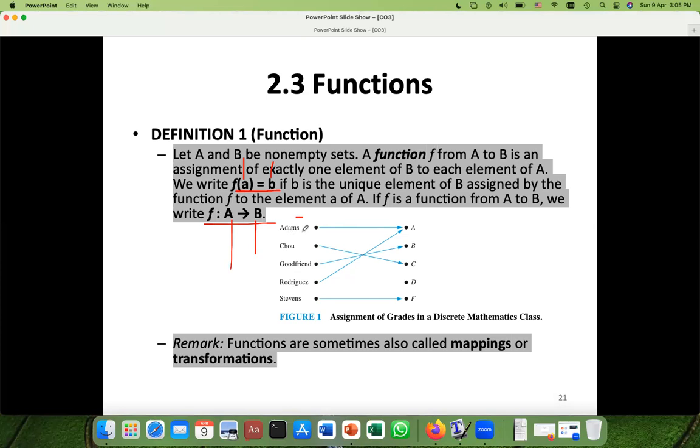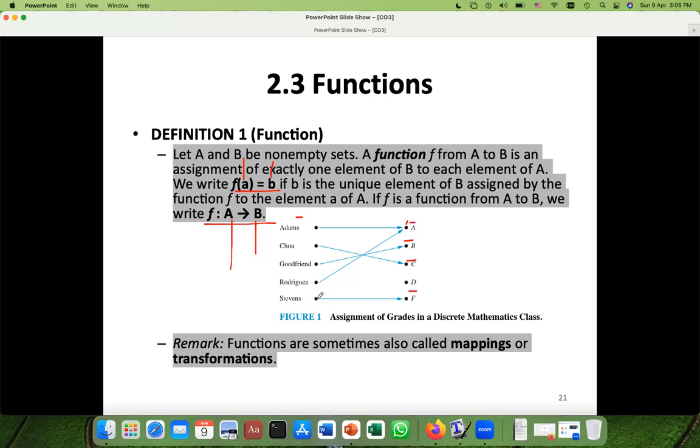So for Adams, you have one element from set B, which is A. For Jew, you have exactly one. Goodfriend, you have exactly one. Rodriguez, exactly one. Stevens, exactly one.